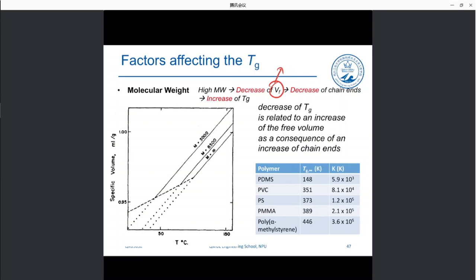The free volume. And when we have a low amount of free volume, what does this mean? The chains do not have enough room to take new conformations. And because they don't have enough room to take more conformations, the Tg increases. Okay, so a high molecular weight generally leads to an increase of the glass transition temperature.